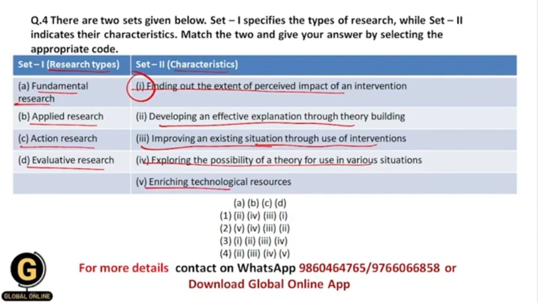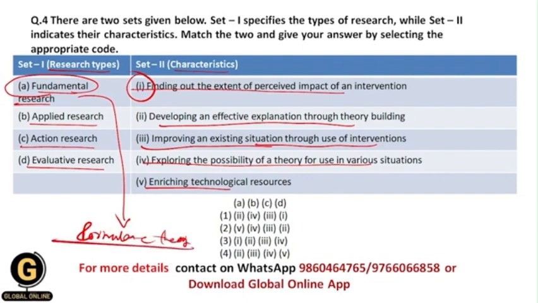So basically students, fundamental research is the basic research or pure research. So within the fundamental research we formulate a theory. So this is the main objective of fundamental research, to formulate a theory, and whenever here we formulate the theory, in that case we basically tell the effective explanation behind it, that what we are formulating, why we are formulating a theory.